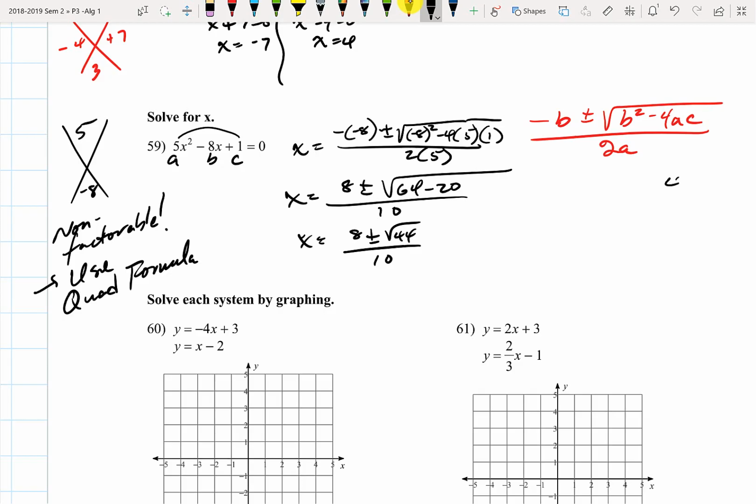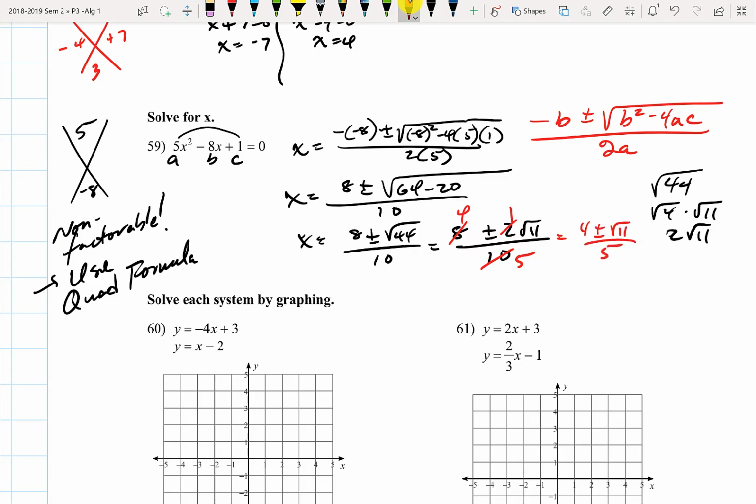Do a little side work. The square root of 44 is the square root of 4 times the square root of 11, or 2 rad 11. So this is 8 plus or minus 2 rad 11 divided by 10. Then simplify and divide by 2. So my final answer is 4 plus or minus rad 11, all divided by 5. Make sure you check your work.